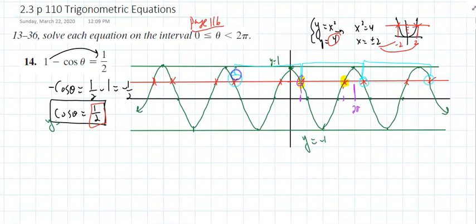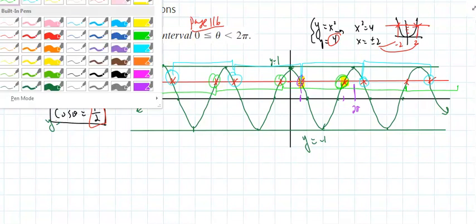Subtract a period, subtract another period. And if I add a period, I'll get the next time that will happen, and another time. And if I subtract a period, subtract another period, subtract another period, there it is.